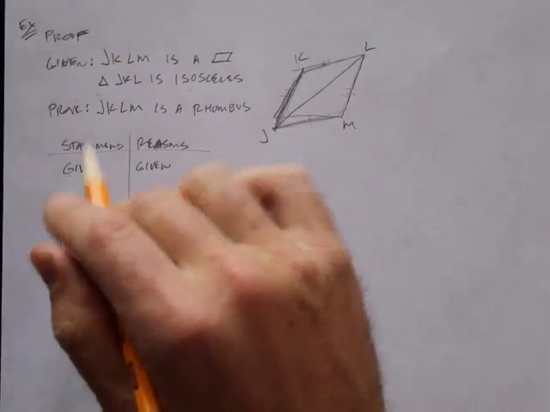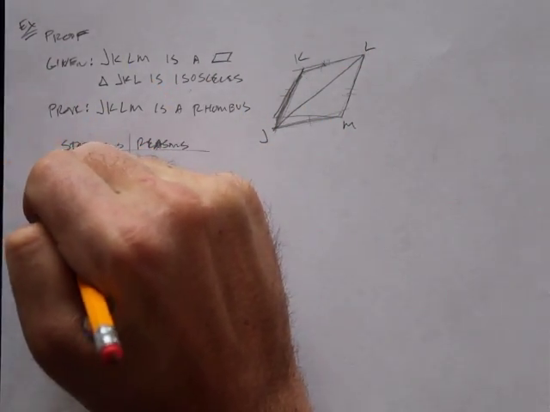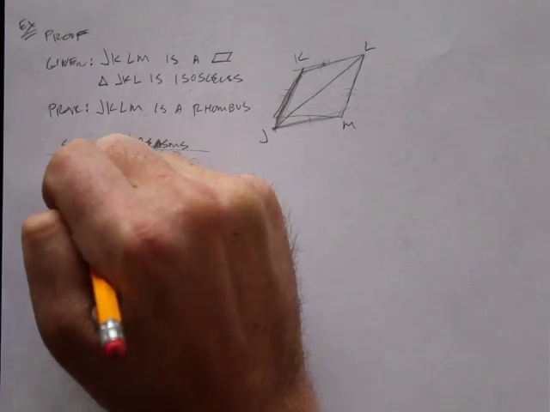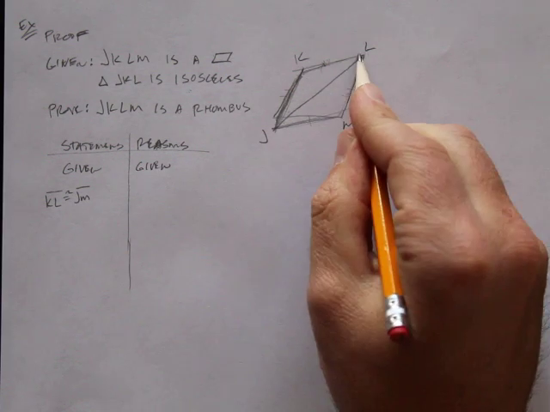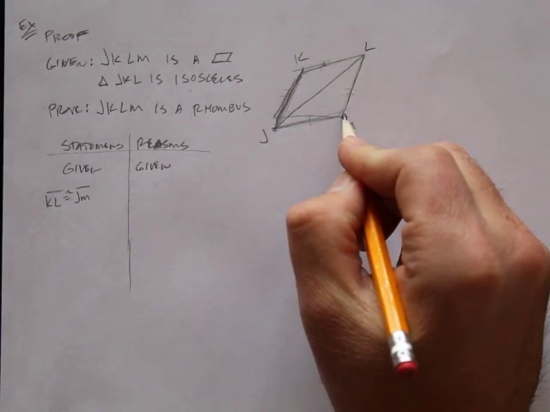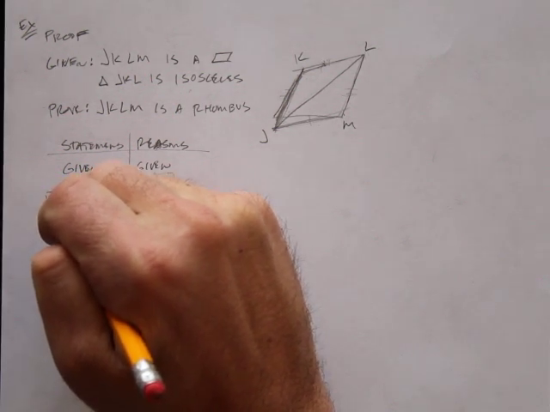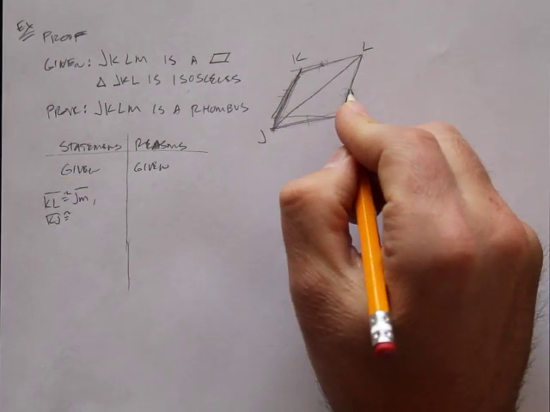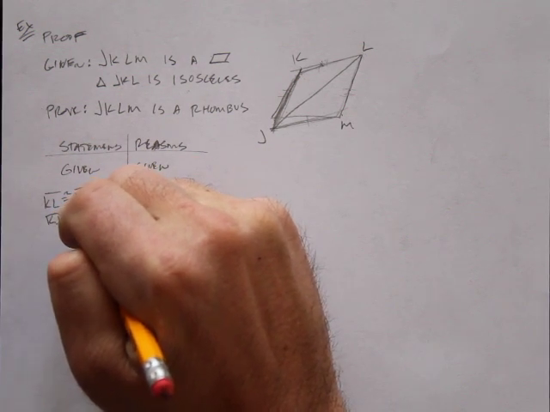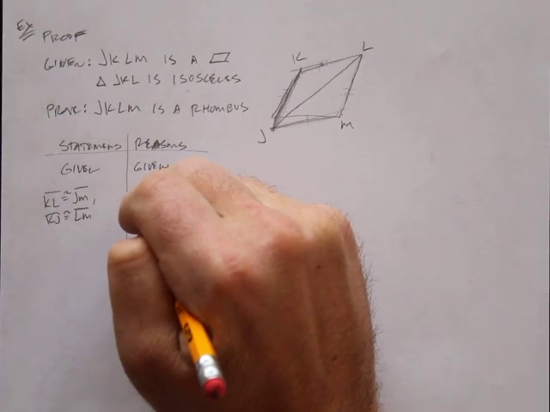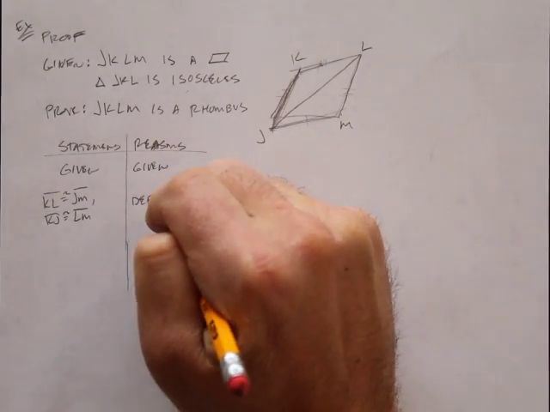So let's say KL is congruent to JM. So KL is congruent to JM, we know that. And KJ is congruent, so I'm going to say this one is congruent to this one, LM. And that is the definition of a parallelogram.